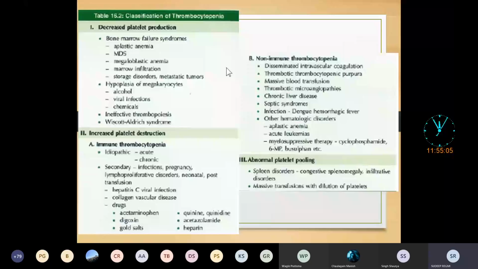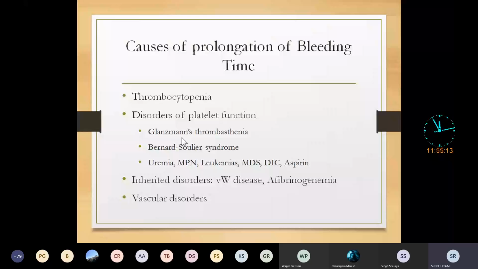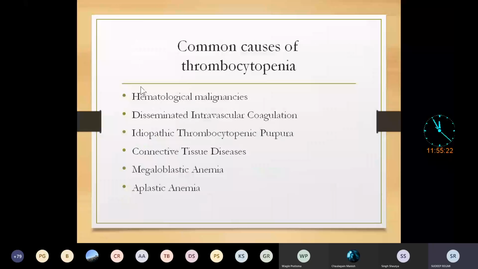Okay, if you know these things for the prolongation of the bleeding time, and these things for thrombocytopenia, then it will be okay. And if you want to know more, you have to go through this.